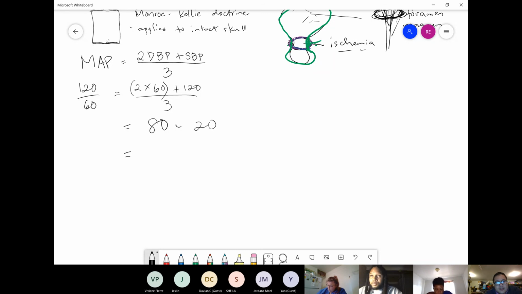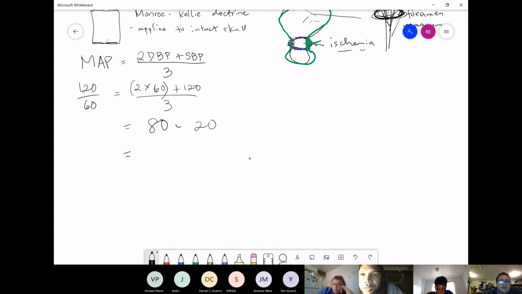So if you increase it to 20, and your MAP is 80, how much do you get?